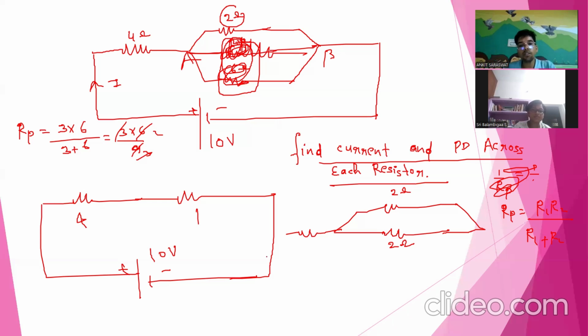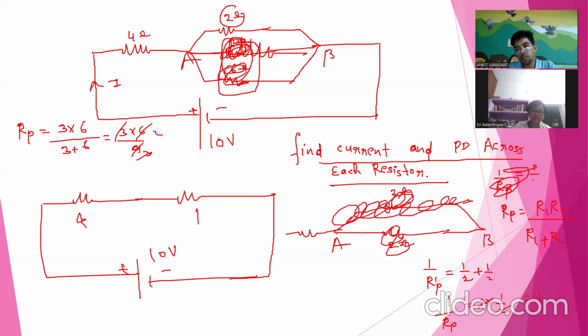Clear? Now you tell me, A is here, B is here. What is the equivalent of 2 and 2? How much? 1. Now remove this. Remove this. Now in between A and B, remove this also. In between A and B connect one resistor, that is 1 ohm.